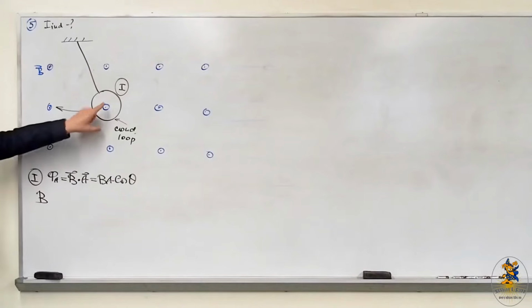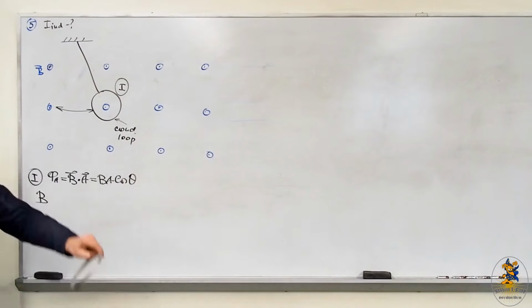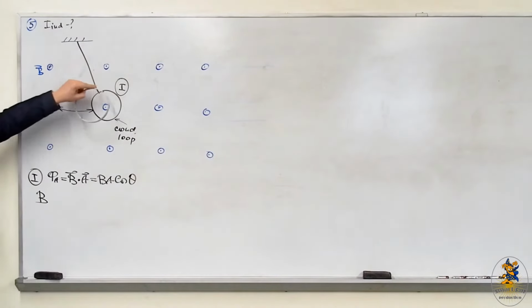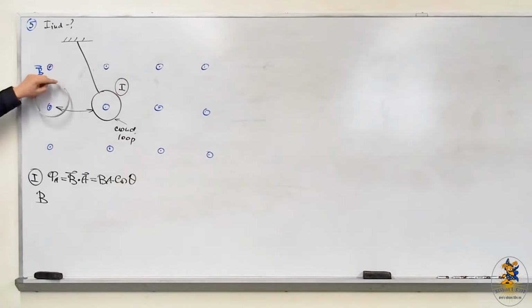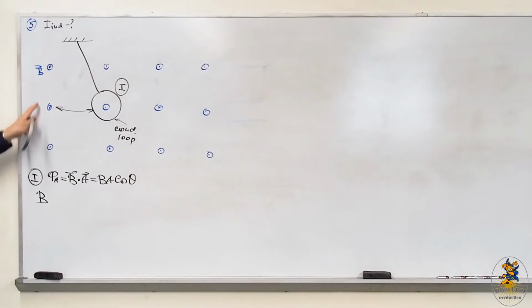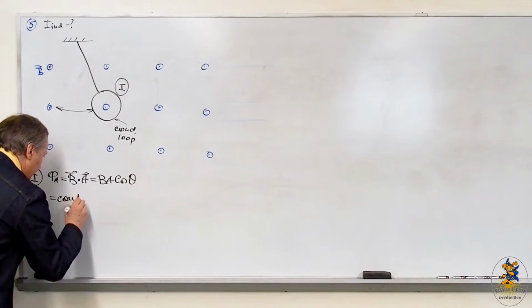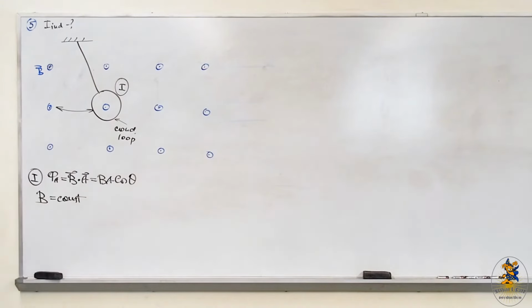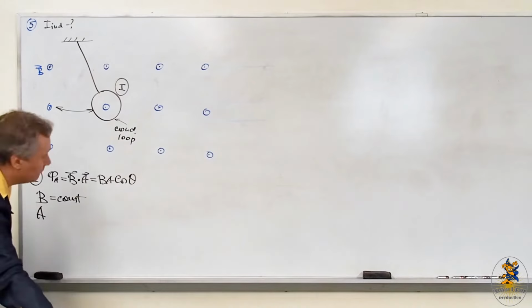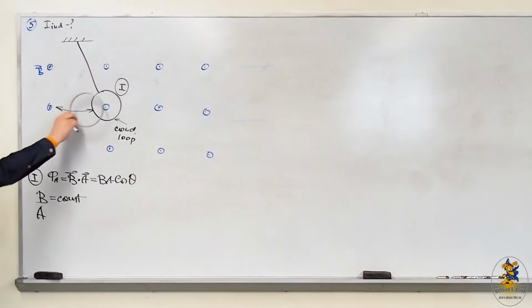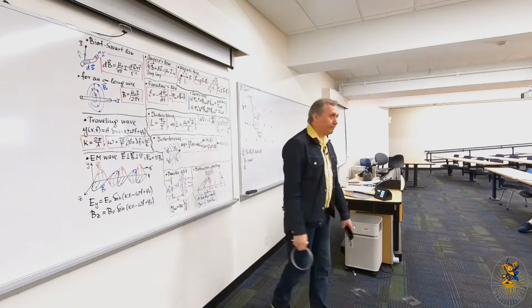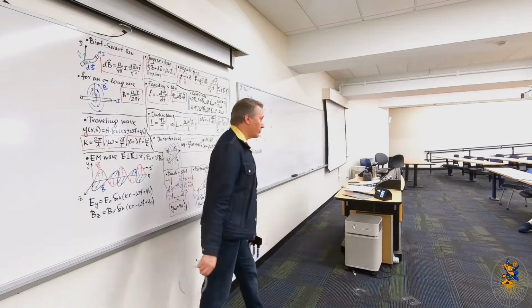So, what happens to the magnetic field as this loop oscillates? Nothing. The magnetic field is uniform, assuming there is no border of the magnetic field. So the magnetic field is constant. Then the area of the loop. As it oscillates, the area doesn't change. We don't distort the shape of the loop.